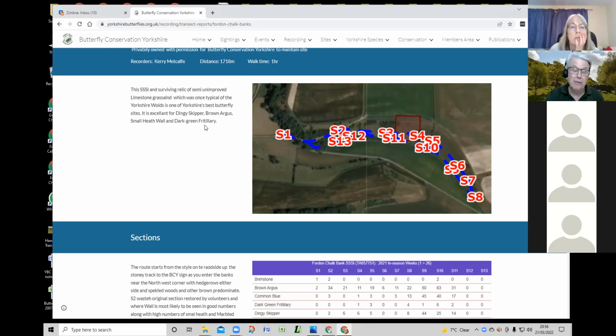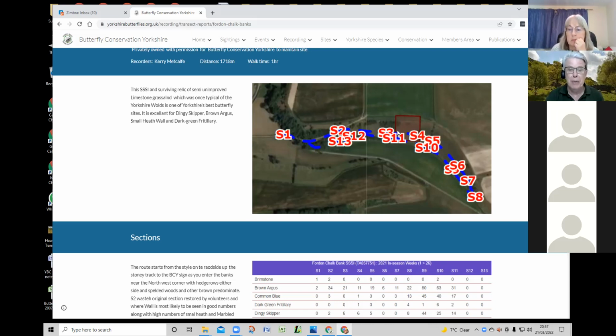Obviously, it's also well known for Brown Argus because a lot of these slopes are very rich in rock rose, as is Broughdale, by the way. And that is the food plant of the regular Brown Argus.